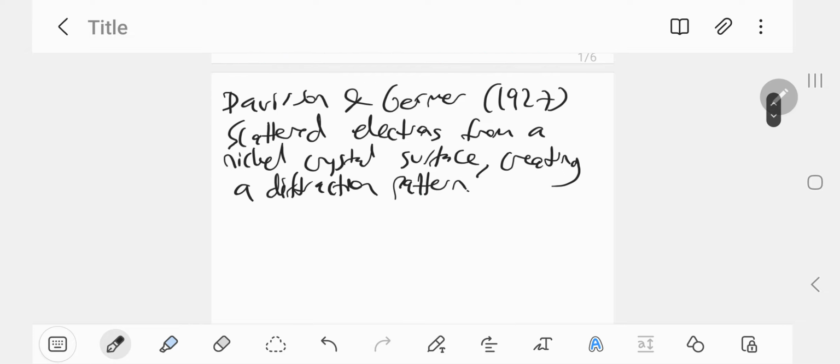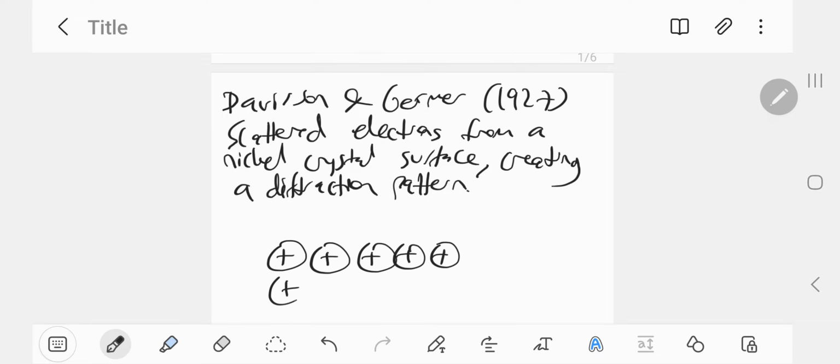So if you recall, metals exhibit a crystal lattice. So these are the positively charged nickel nuclei right there. Electrons were fired. Here's an electron fired at the crystal lattice, and scattering was observed, indicative of wave behavior.